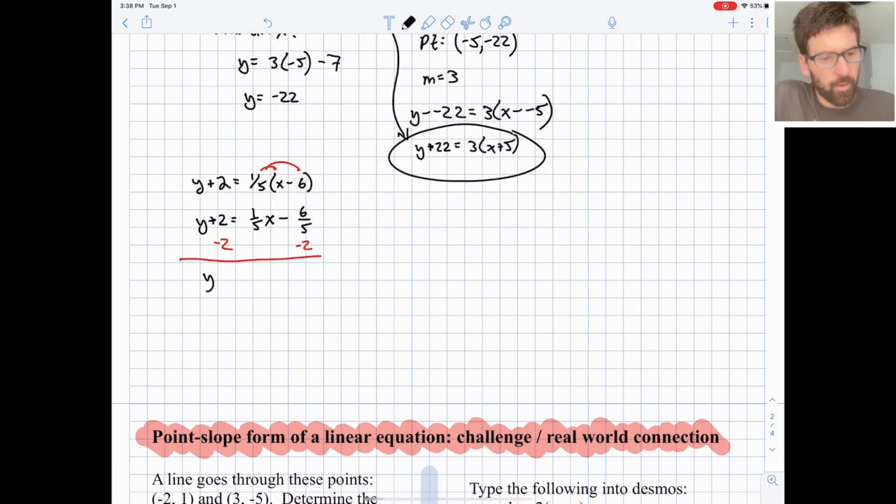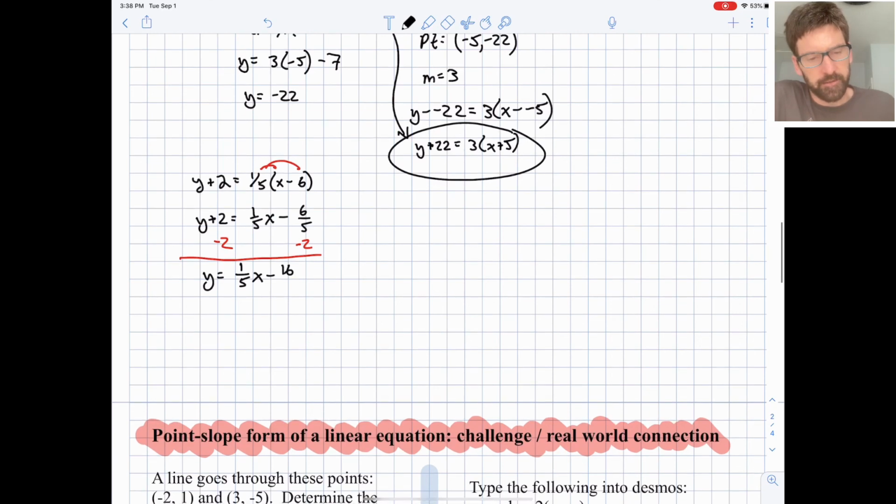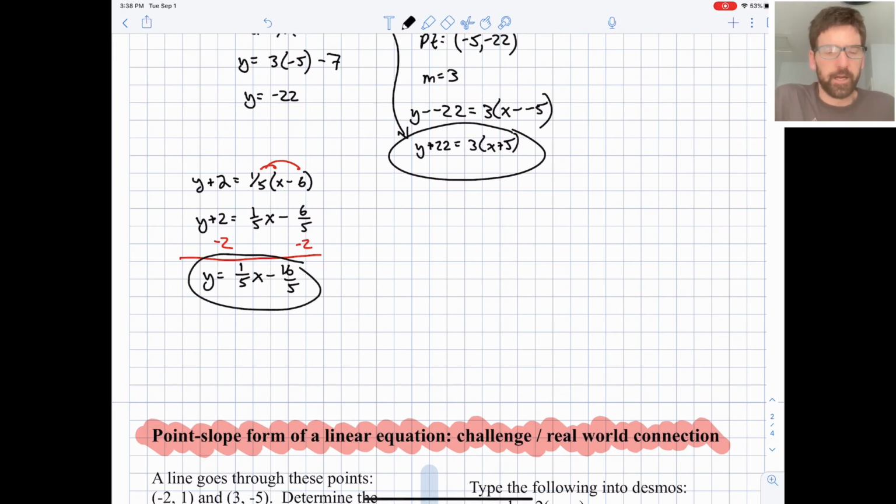So we get y equals 1/5 x minus, so 6/5 minus an additional 2, so minus an additional 10/5, is minus 16/5. I suppose you could keep it in fractional form if you wanted. You could turn them into decimals if you wanted as well.